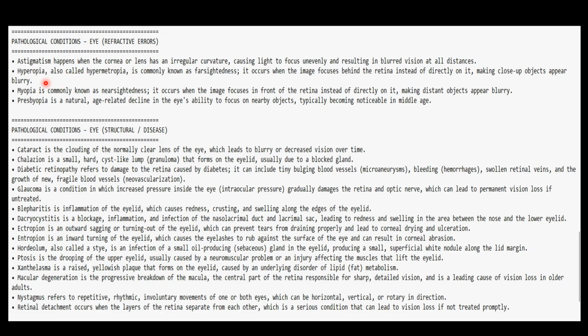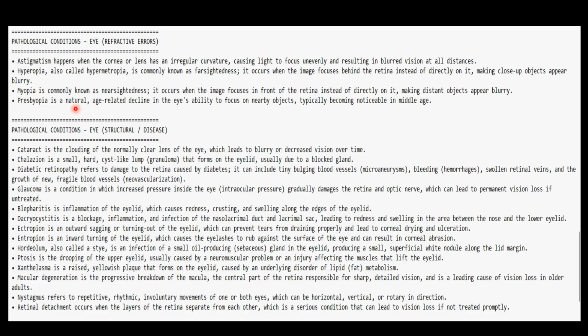So in this situation, things which are closer appear blurry. Similarly, we have myopia, which is commonly known as nearsightedness. It basically occurs when the image focuses in front of the retina instead of directly on it, making distant objects appear blurry. So in this case, distant objects are seen as blurry.